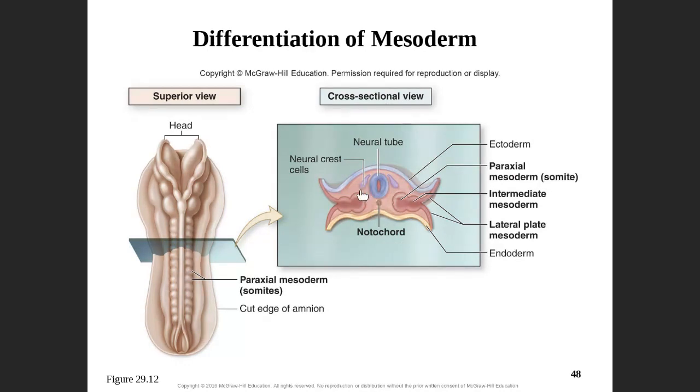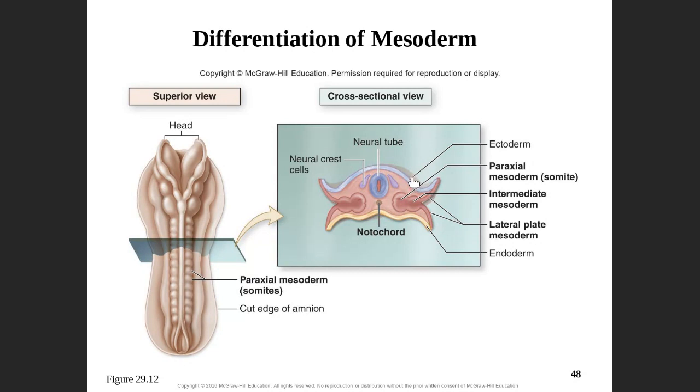On either side, we'll have our somites, but then we'll see our neural crest cells. Then as we move laterally, from the medial portion out to the lateral portion, here's the paraxial mesoderm, our somites here. Then we move further out to the intermediate mesoderm, and then finally the most lateral portion is the lateral plate mesoderm.